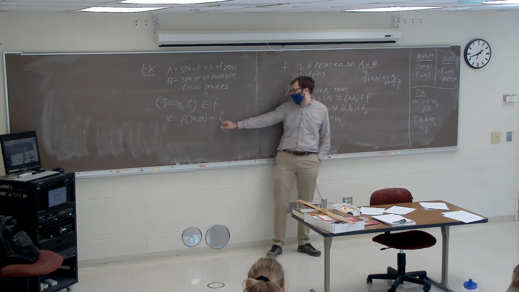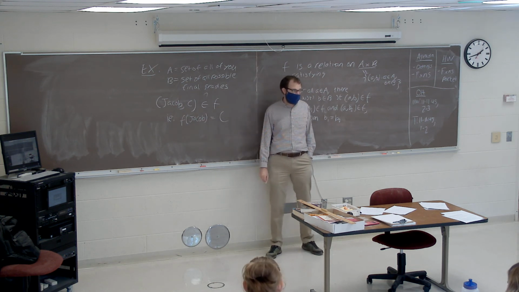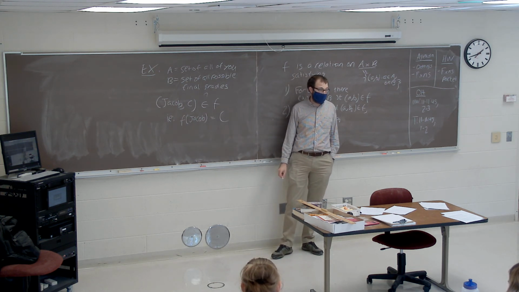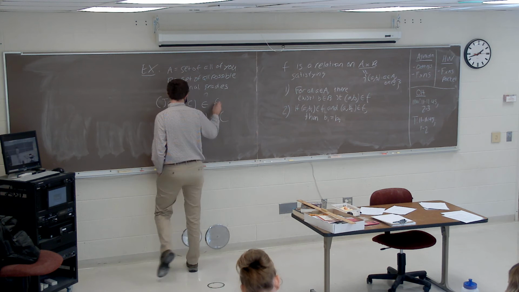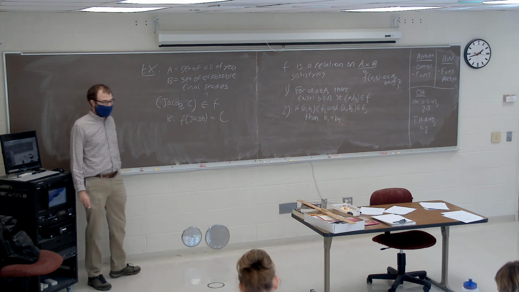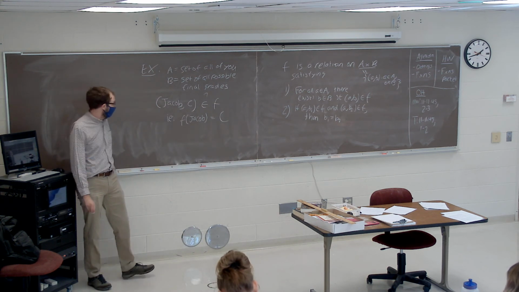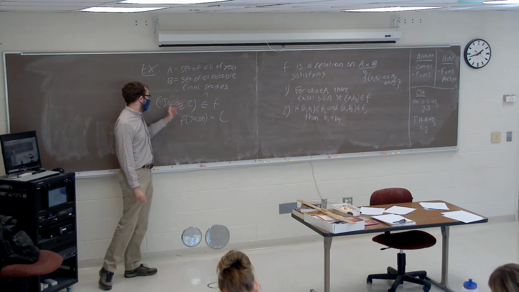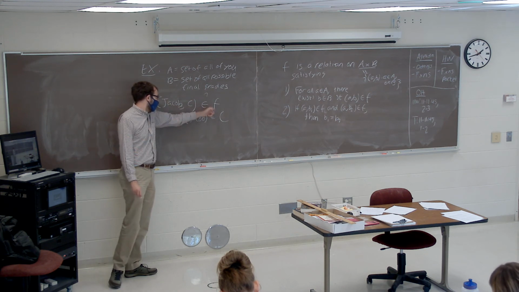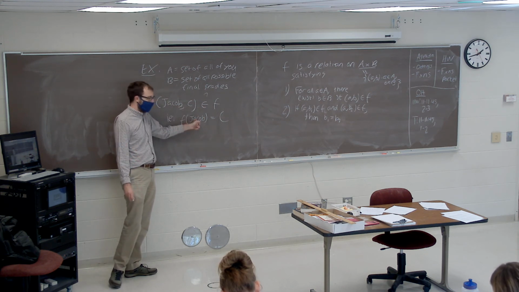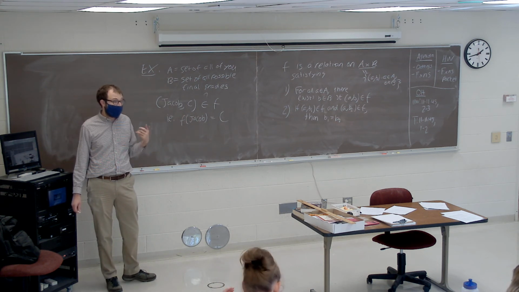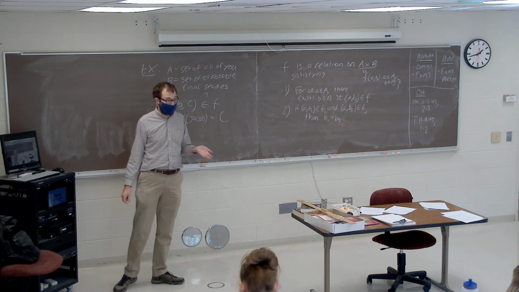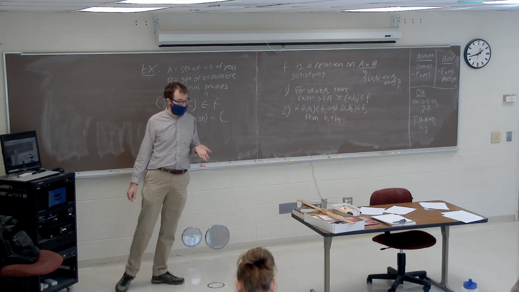So basically, we're defining functions the way you're used to thinking about them, just with different, what's the word I'm looking for? Notation. When we define a relation as being a subset of the Cartesian product and say that (Jacob, C) is in here, it just means that if we were to plug Jacob into the determining final grade function, C would be the output given the input of Jacob.